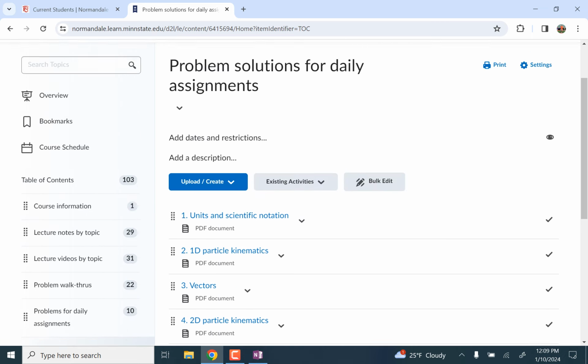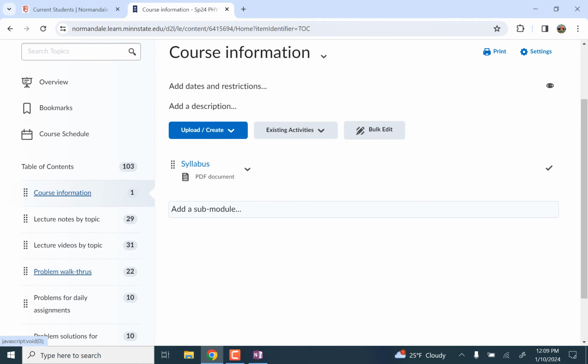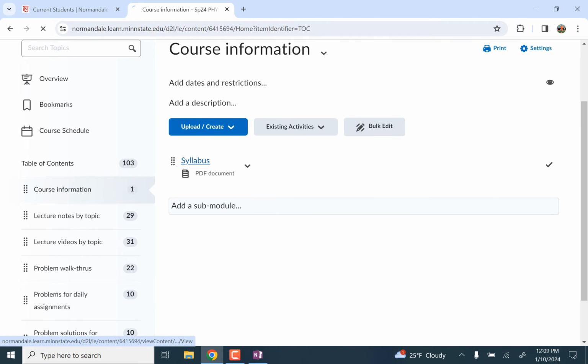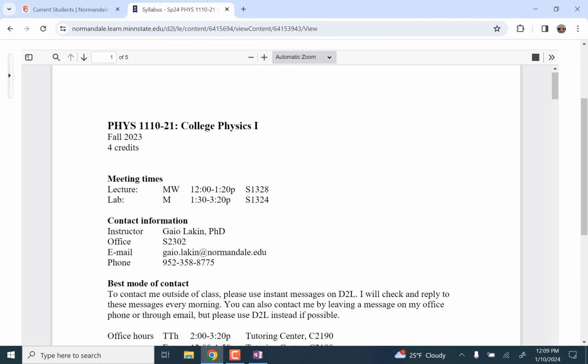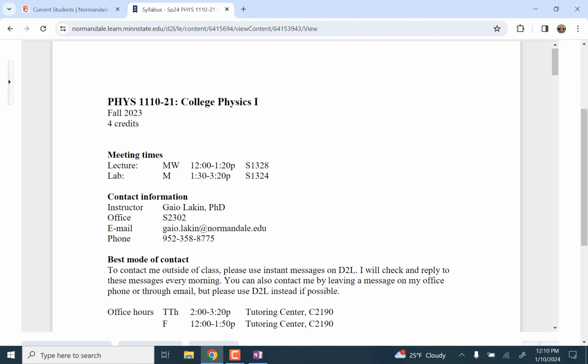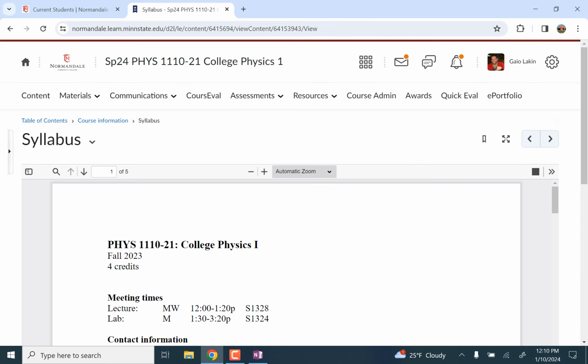But the main thing I want to do today is just go over the syllabus, talk about the structure of the class. So the syllabus is under course information. Well, I'm looking at the one for section 21.